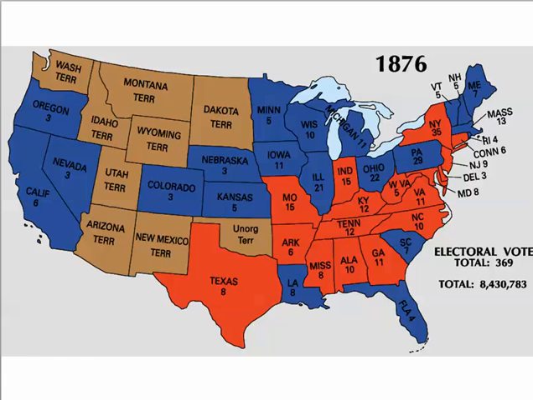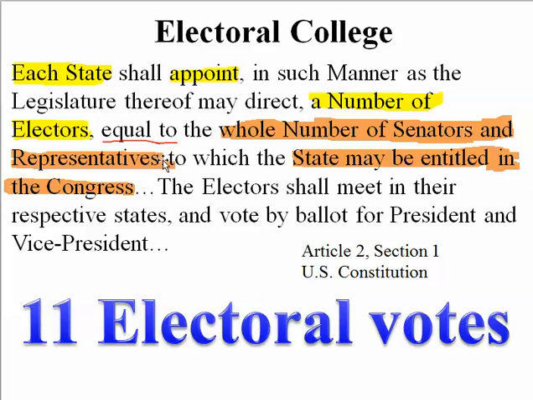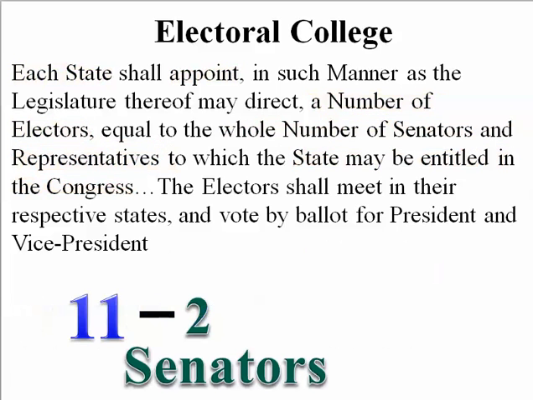Okay, and here's how we do it. If we read back over here, the Electoral College for one state is the number equivalent to the whole number of senators and the whole number of representatives added together. So what we can do is some simple math, some subtraction. If there's 2 senators from every state, there's 11 Electoral College members.